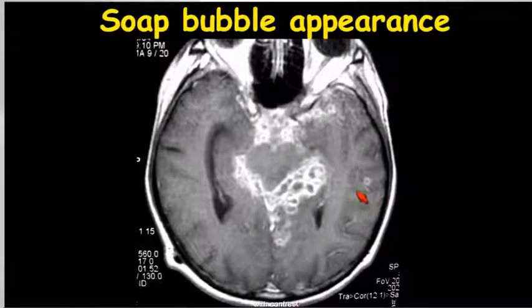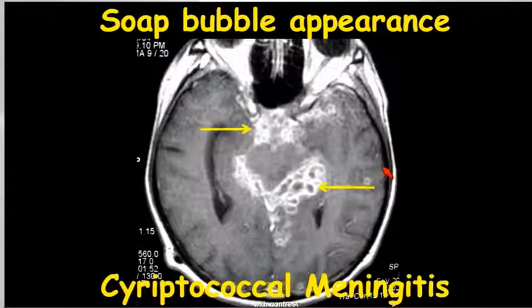Certain organisms will lead to a so-called soap bubble appearance, and we can see nodular or soapy appearances with things like tuberculosis and cysticercosis, of course. This is cryptococcal meningitis, another good one. Cryptococcal meningitis loves the basilar meninges. In fact, when you see a basal process, it could be any of the major bacterial, fungal, or viral organisms.